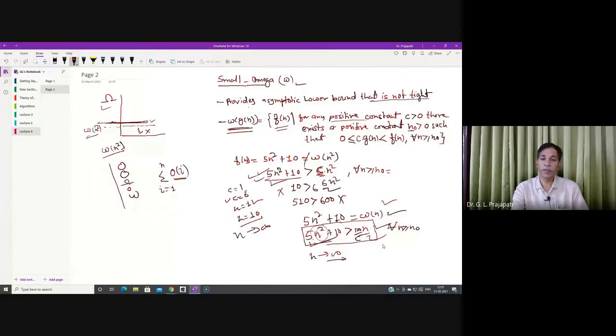This denotes the group of functions that satisfy this condition. So this is not an individual function. Every time an asymptotic bound appears, it means you are denoting an anonymous function you don't want to name, and you know that this anonymous function belongs to this particular group.